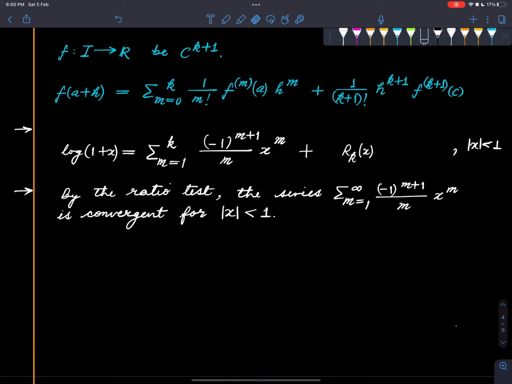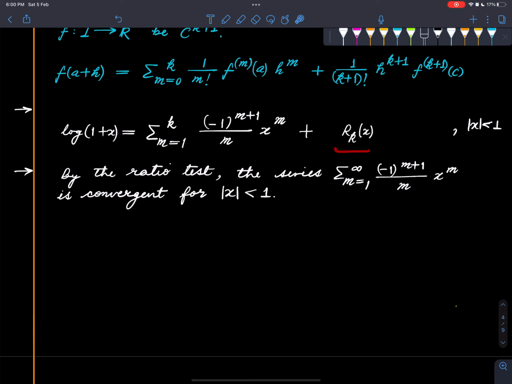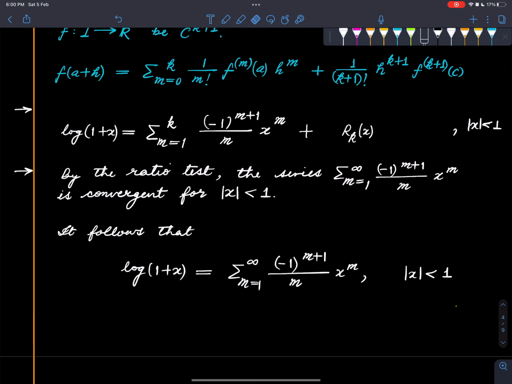Indeed, if you look at this power series, this converges because of the ratio test. You can easily do that. And you can also show that the remainder term goes to 0 as k goes to infinity. So again, this is a little bit of an exercise, but you can then show that for mod x less than 1, log of 1 plus x is actually given by this power series. So just a small fact, it's pretty useful at times.